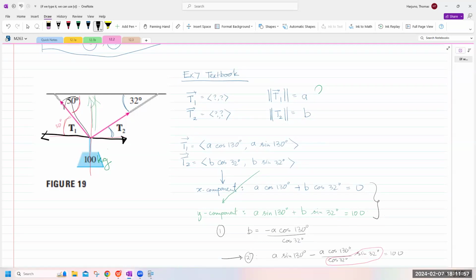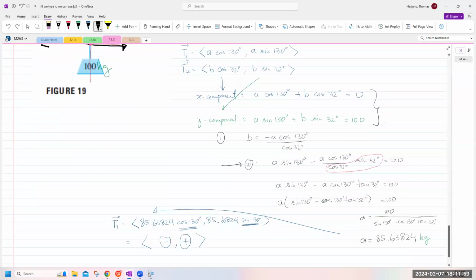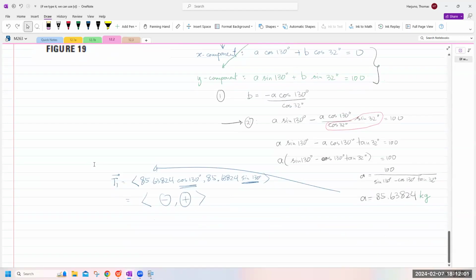Okay. And you just go on with your T2. So using that A, solve for B, right? You take it from here. You also already know your A, right?